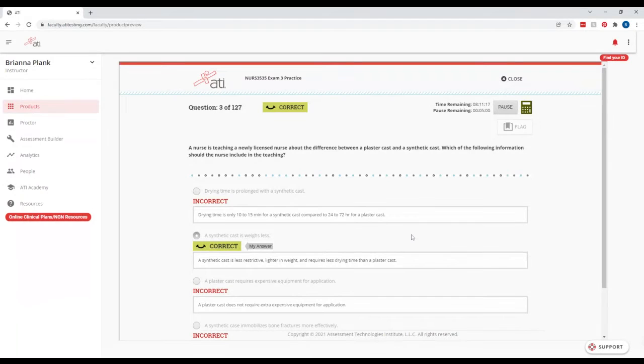That would, I think, be more like an outpatient orthopedic basis where a synthetic cast, we can go ahead and splint it, or we can put like an air cast or some kind of immobilizer like that until they can go see the orthopedist. So plaster cast is a lot messier and it's a lot heavier for sure.